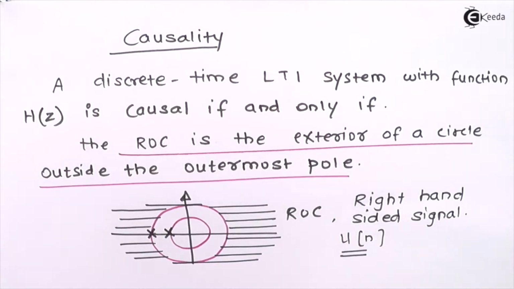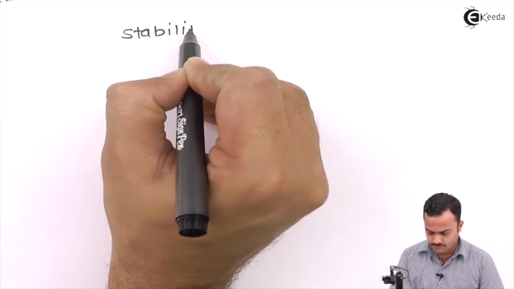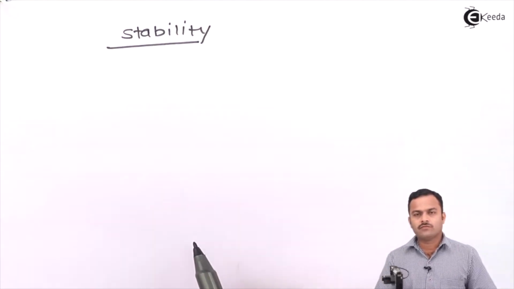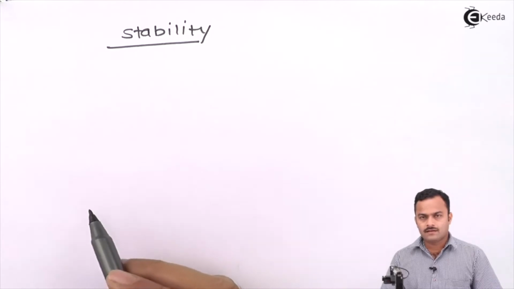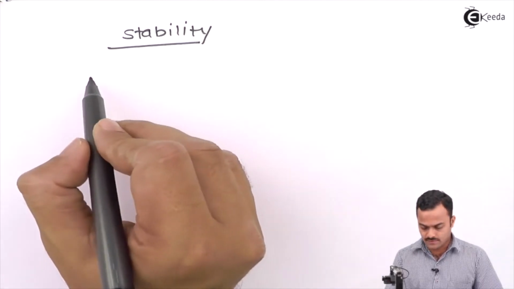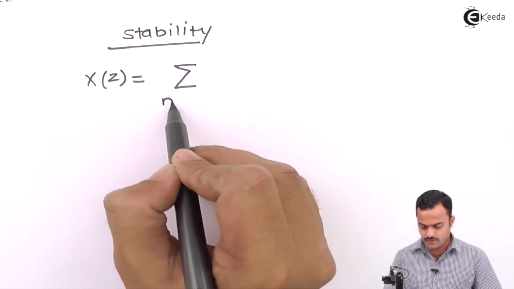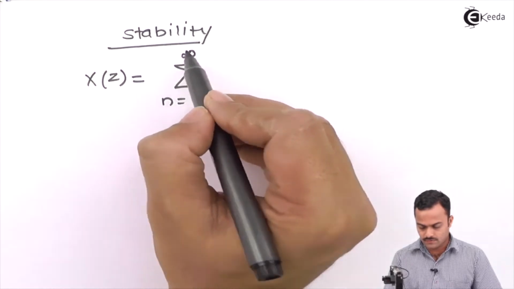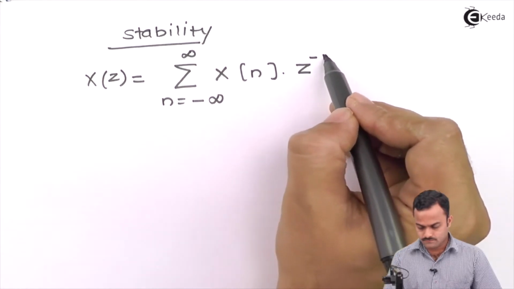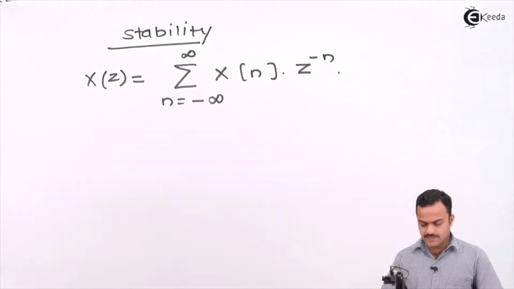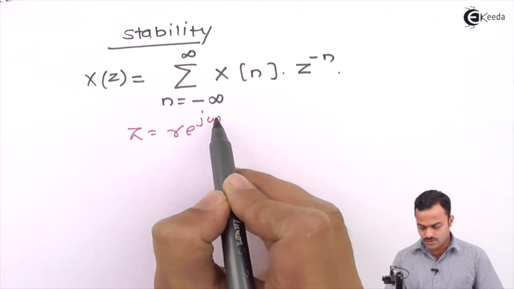Let's go for stability. As per the definition, for any bounded input, we should get a bounded output. But as far as Z transform is concerned, let's check with a formula first. So X of z is the Z transform of x of n obtained with a formula like this. And we know this z is a complex number which is nothing but r e raised to j omega.